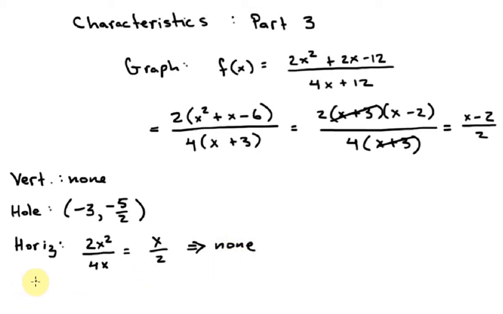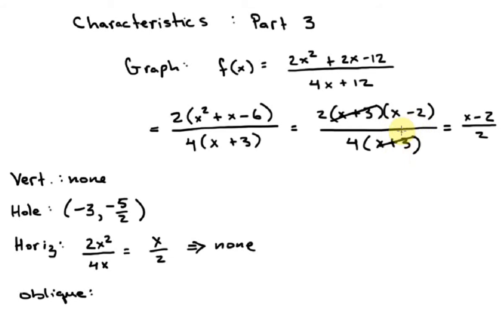Now, what about oblique asymptotes? Well, definitely is in the running, because as we said, even looking at this, or in the original, oh, that's a second degree over a first degree. So that probably means an oblique asymptote. But wait a minute, it would, except for one thing.